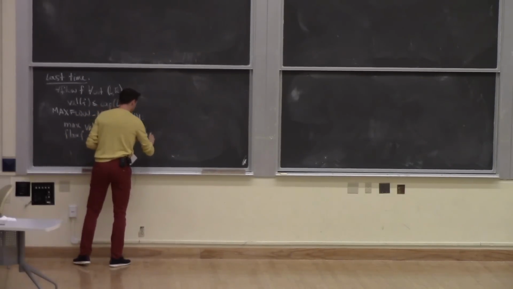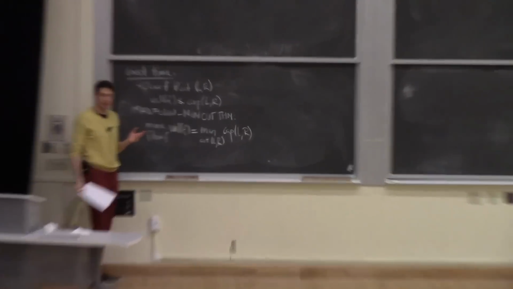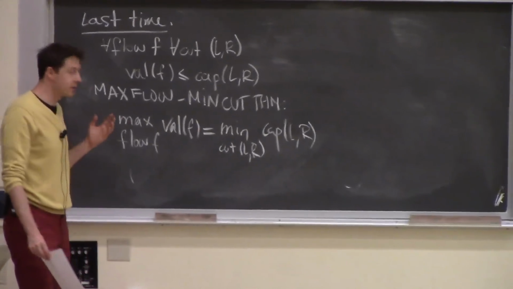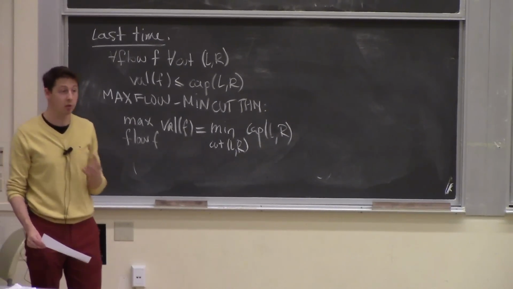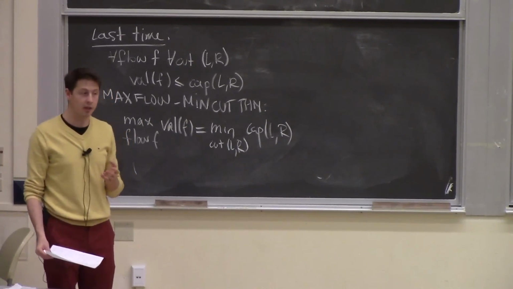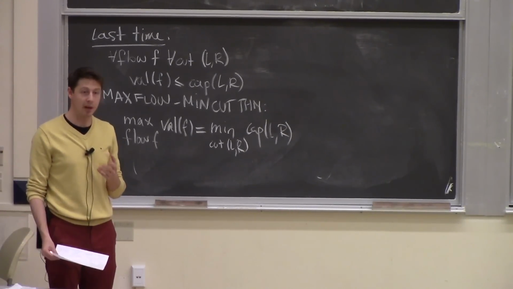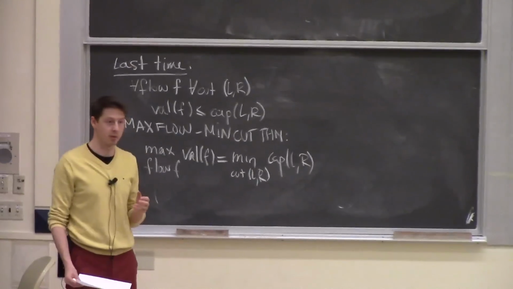And why are we recalling this? Because this is an example of something we'll look at today called duality. We'll see that we can associate to every linear program a dual program such that any feasible solution of the dual program is a bound on the feasible solution for the original linear program.